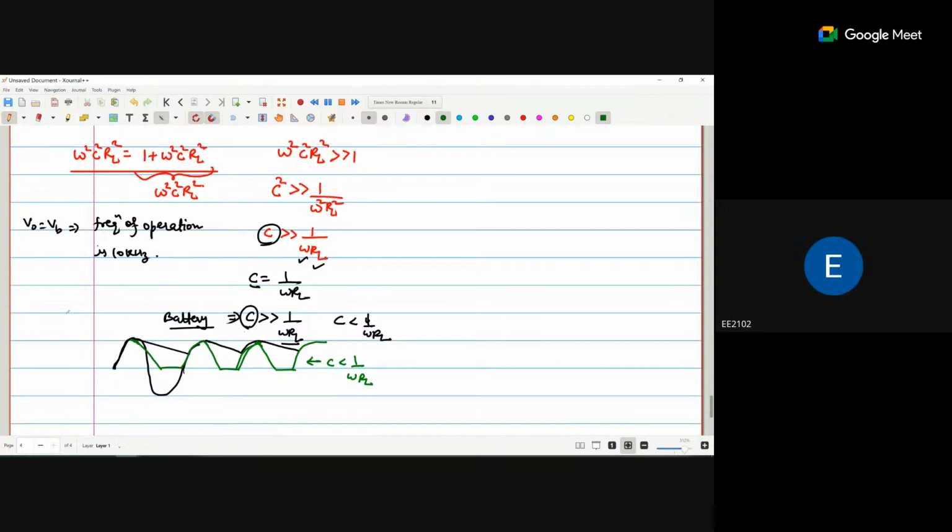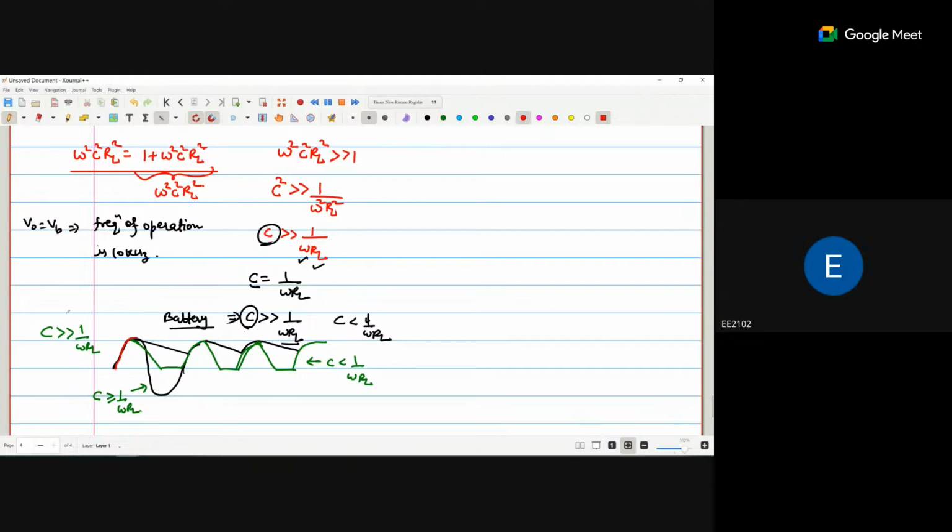This black one is C greater than or maybe equal to 1 upon omega RL. And when C is higher than 1 upon omega RL, I drew it with the red one.